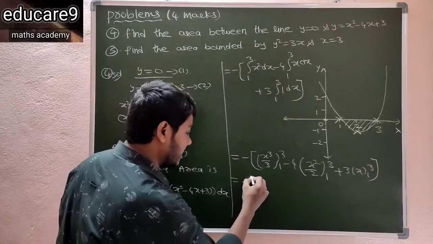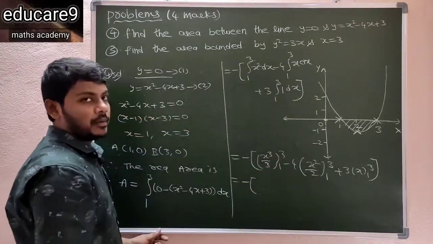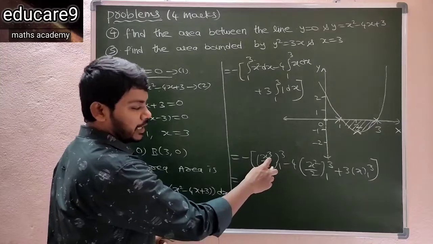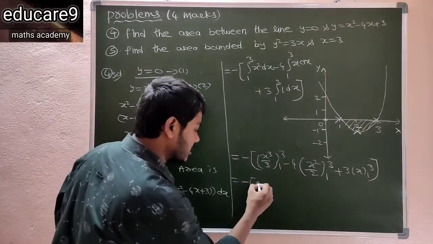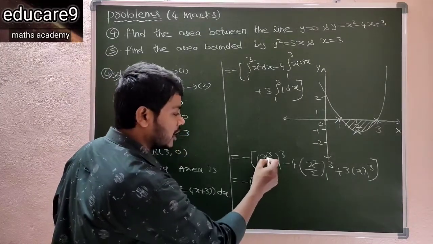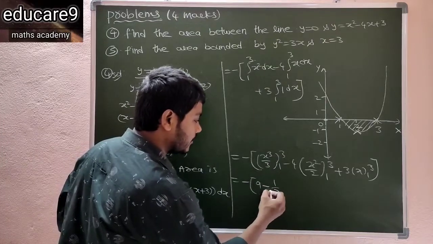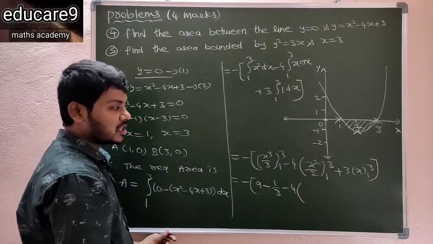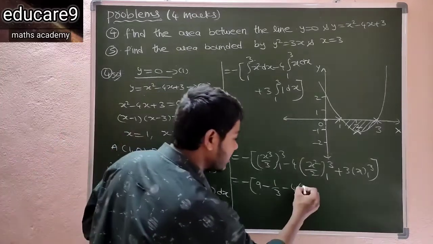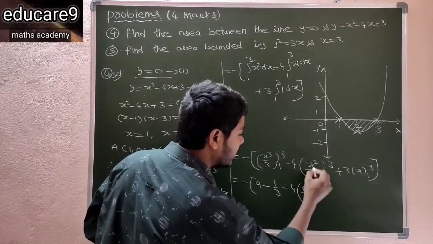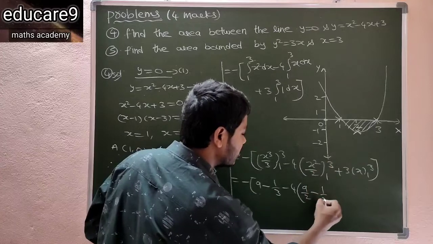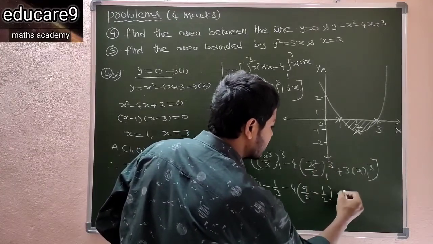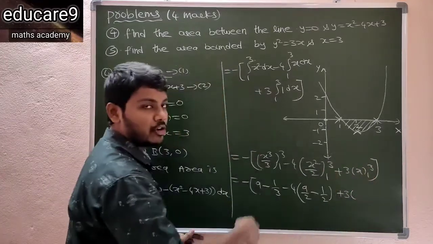So now this is minus of, apply the upper limit first, 3 cube, 27 by 3, that is 9, minus the lower limit 1 by 3, minus 4 into, apply the upper limit first, 3 square, that is 9 by 2, and the lower limit 1 square by 2, that is 1 by 2. And this is 3 into, upper limit is 3 and lower limit is 1.